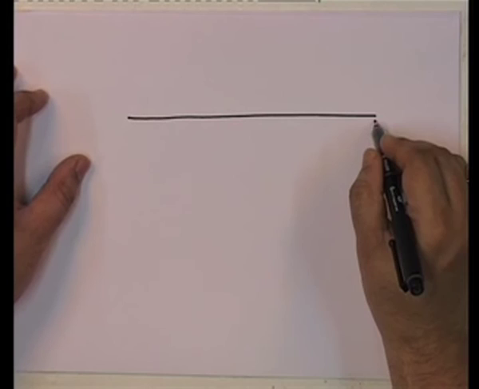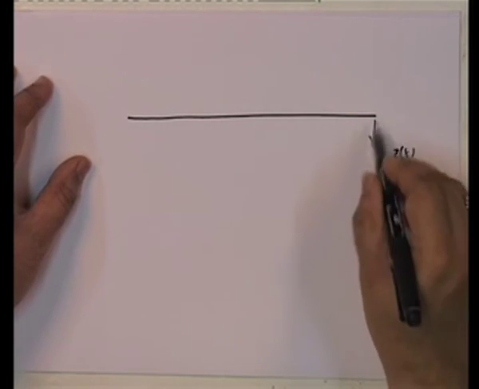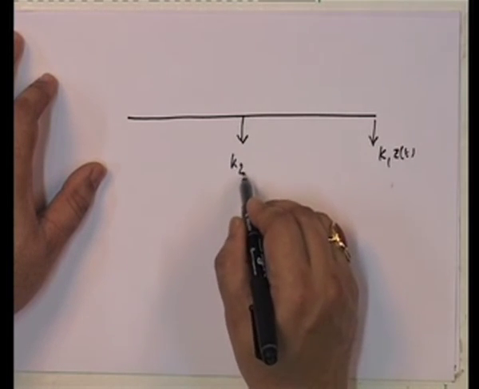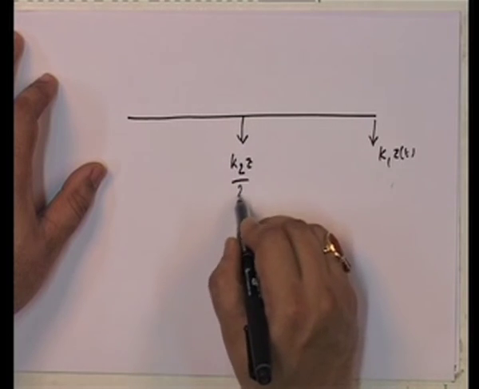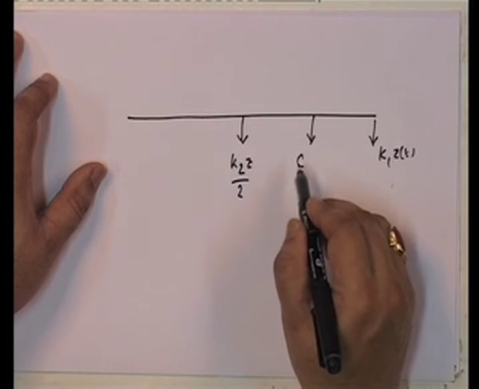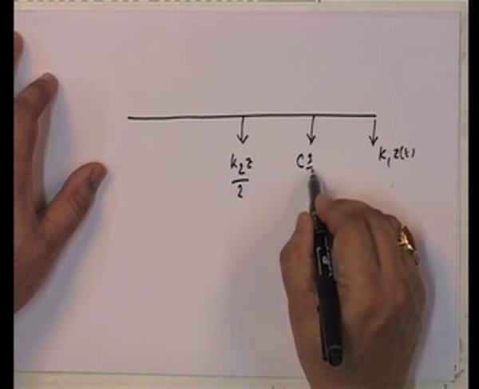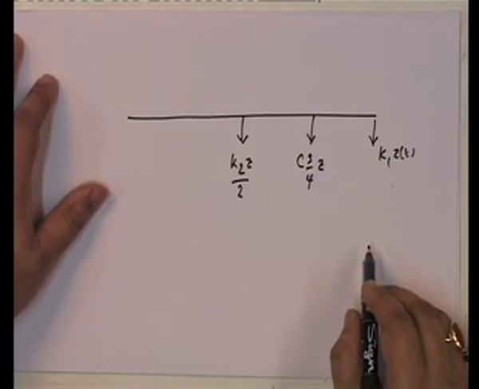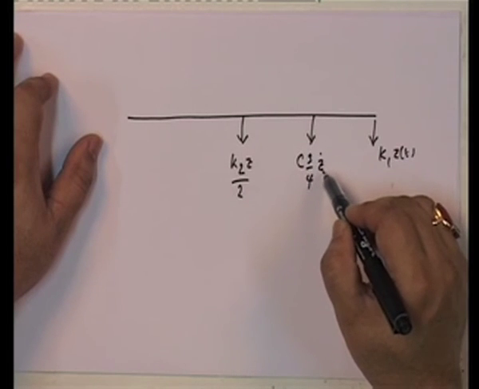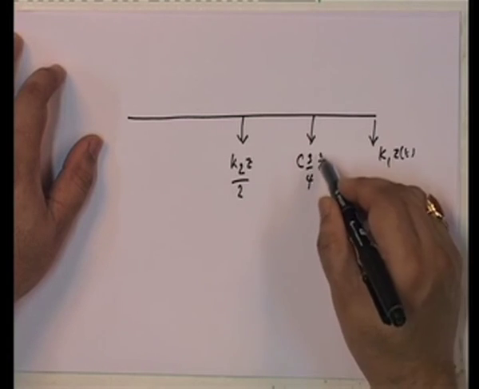I am going to have K1 into z of t, this is the force in this direction. In the center spring, it is going to be equal to K2 z upon 2. At the dashpot, it is going to be C into 3/4 z dot, because if 3/4 z is the displacement, the velocity is going to be 3/4 z dot.